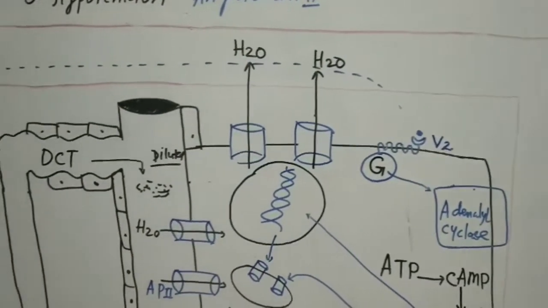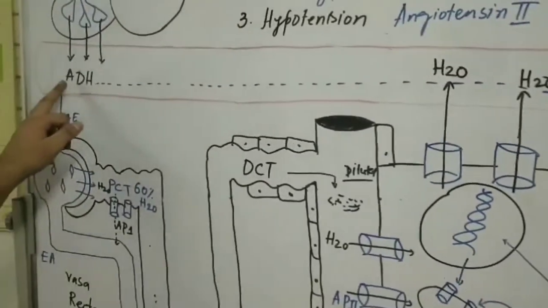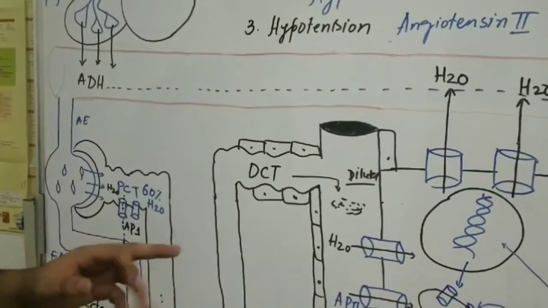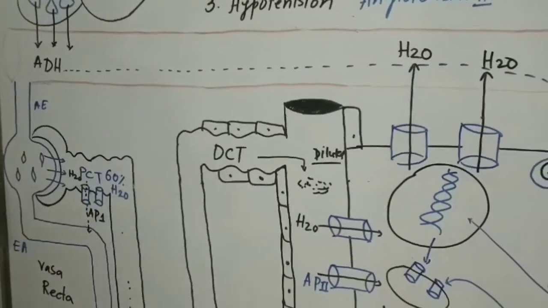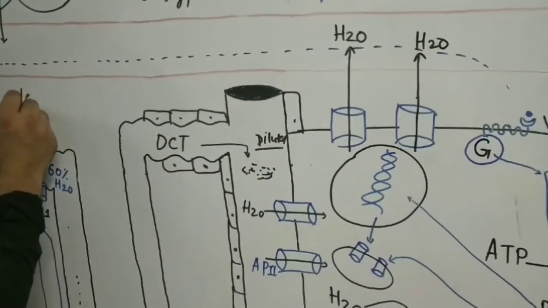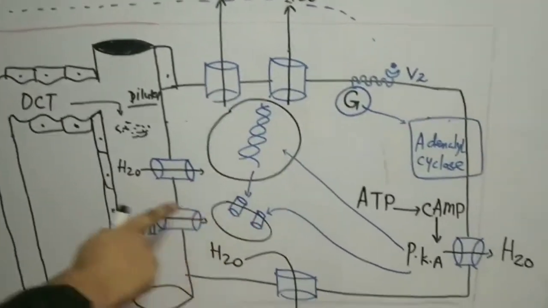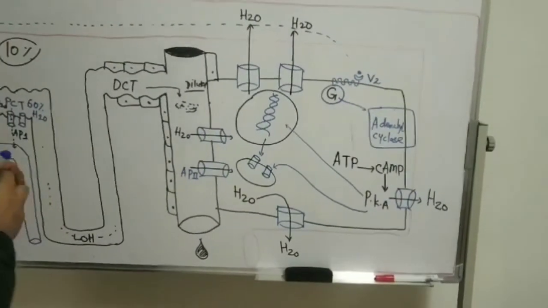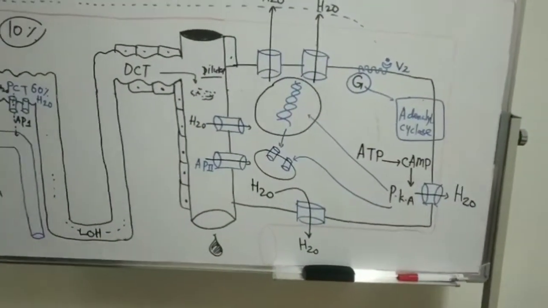Now the water is reabsorbed back due to the action of antidiuretic hormone. The antidiuretic hormone reabsorbs about 10% of the water. 10% of water is reabsorbed by ADH, at the site of the distal convoluted tubule and collecting duct.